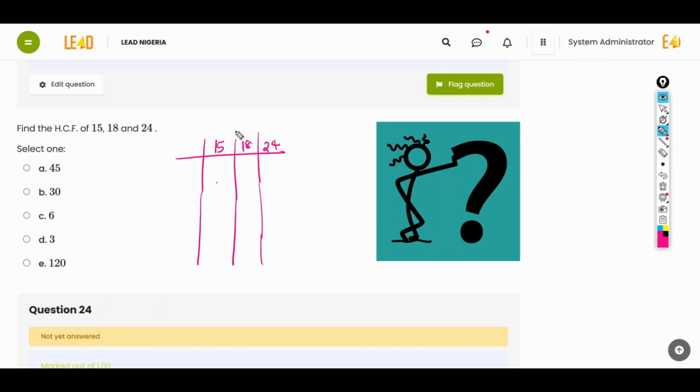And we know it has to be 3, because that's the only number that can divide all of them. This will give me 3 and 1, but obviously 3 is more than 1, and we're looking for the highest. So 3 in 15 is 5, 3 in 18 is 6, 3 in 24 is 8. So the answer is D, 3.